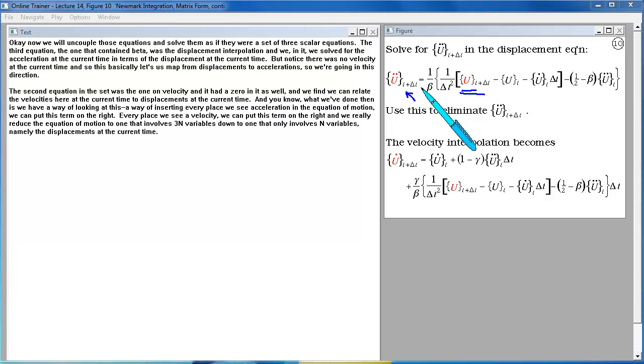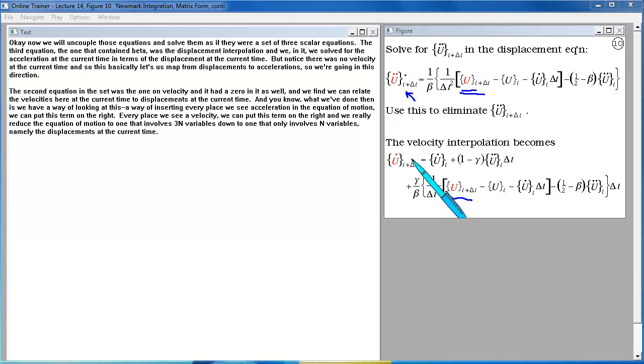The second equation in the set was the one on velocity, and it had a zero in it as well, and we find we can relate the velocities here at the current time to displacements at the current time. And you know what we've done then is we have a way of inserting, every place we see acceleration in the equation of motion, we can put this term on the right.